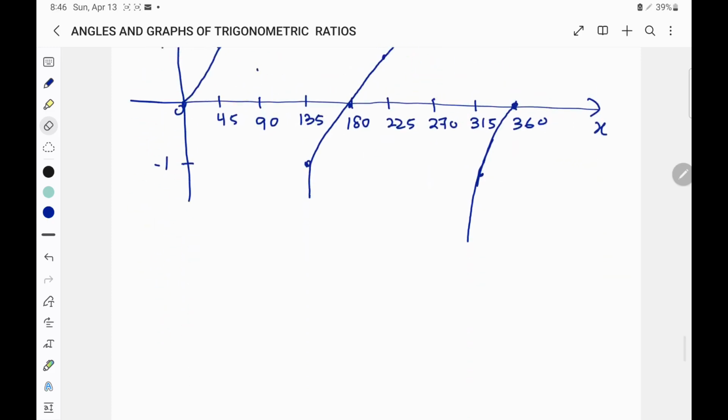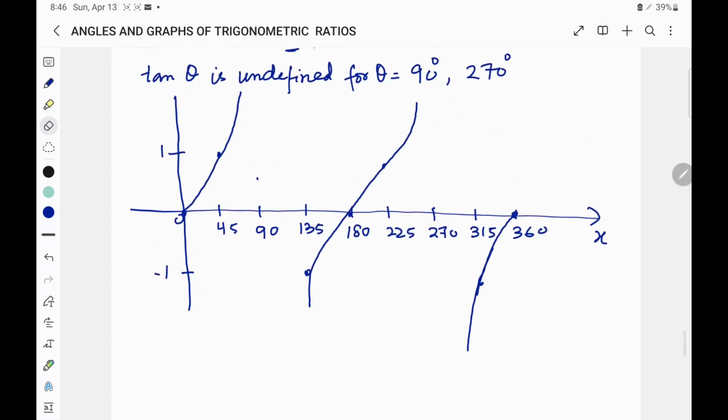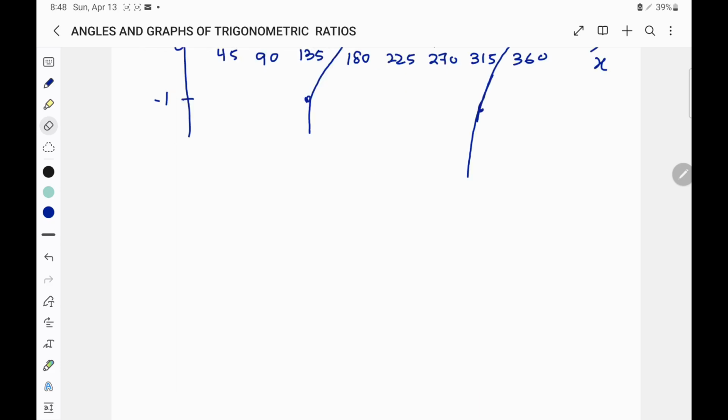Okay, now one more thing I wanted to tell you: this time you will have to memorize the answers for some basic trigonometric ratios that can come in your paper 2. Remember the sine of 0, 30, 45, 60 and 90 degrees.